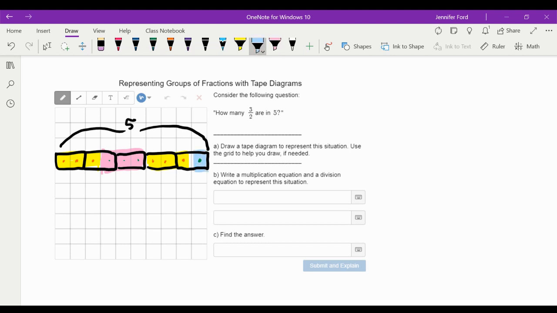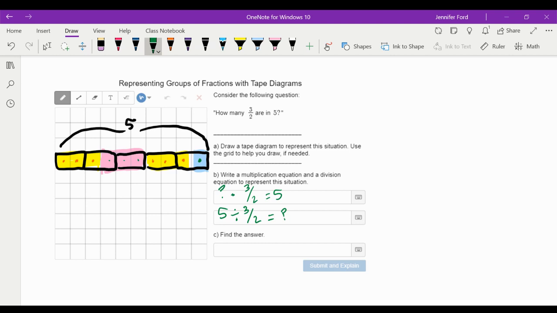That's the piece that I have left over. So before we go to doing the answer, multiplication, division. Division is going to be 5 divided by 3/2 equals, I'm not sure what. And the multiplication is going to be, I don't know what, times 3/2 equals 5.